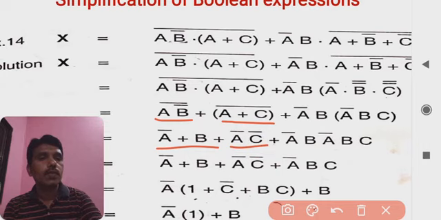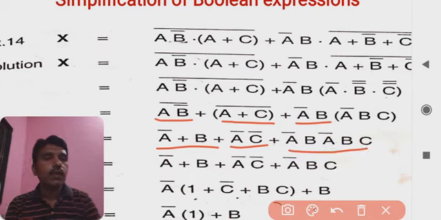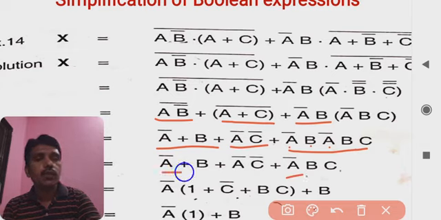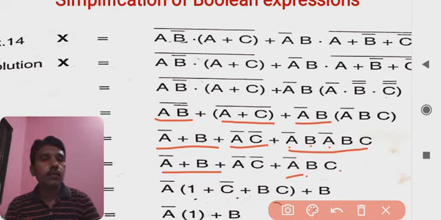Here a complement b is multiplied with this, so it is a complement b, a complement bc. As a complement appears twice, we can write a single a complement. B and b, again we can write one b, and c as it is.